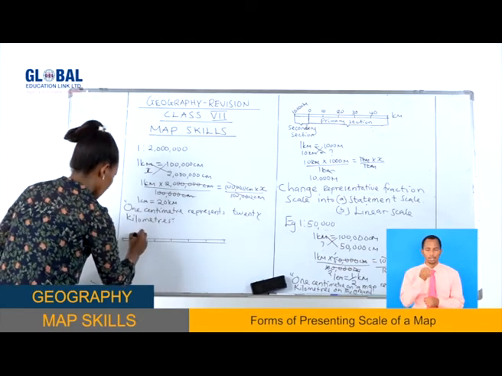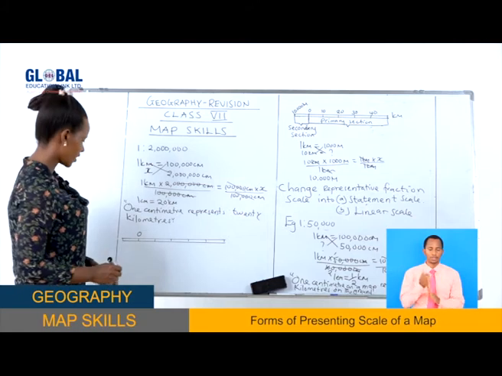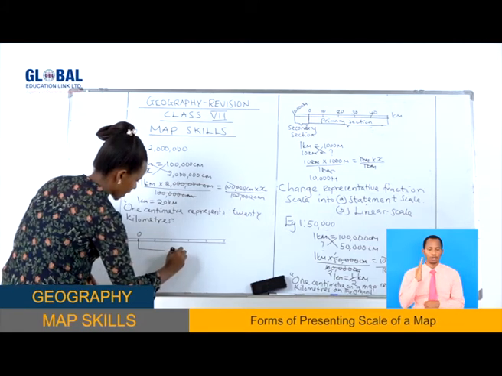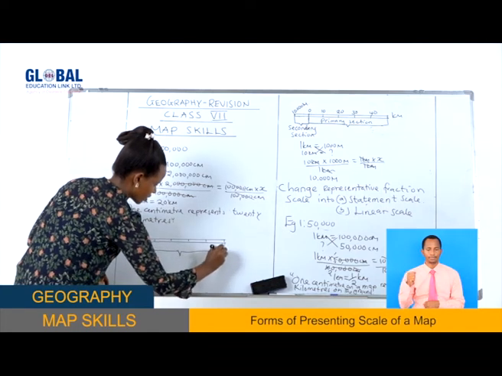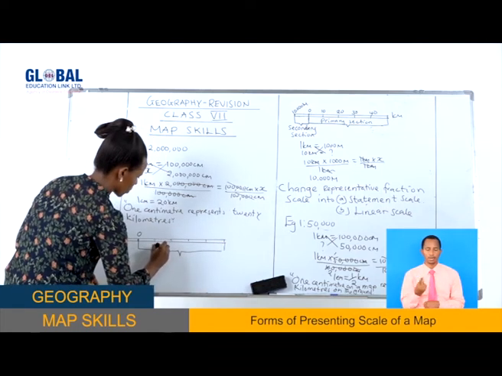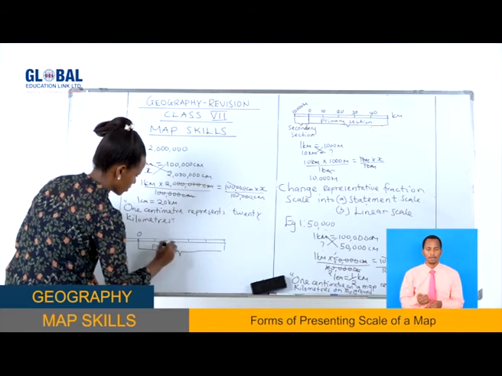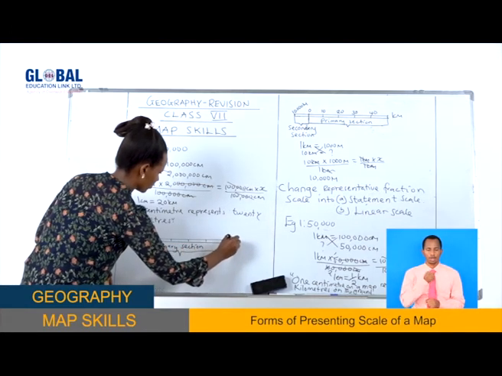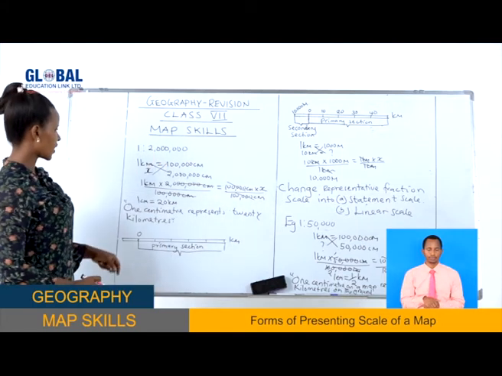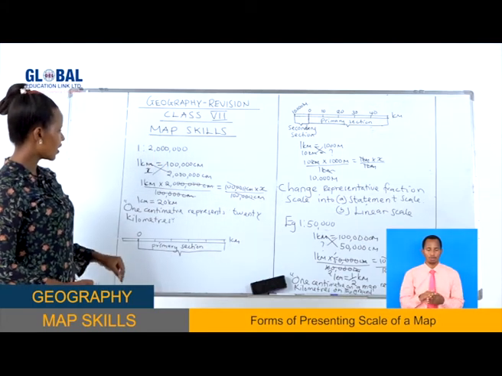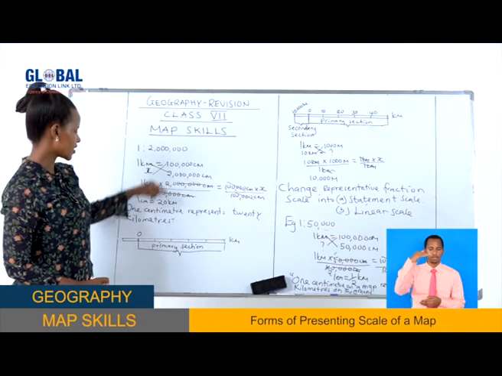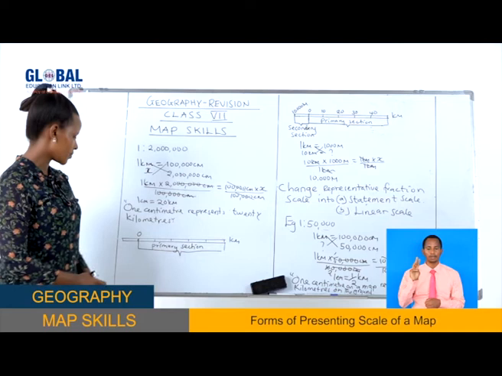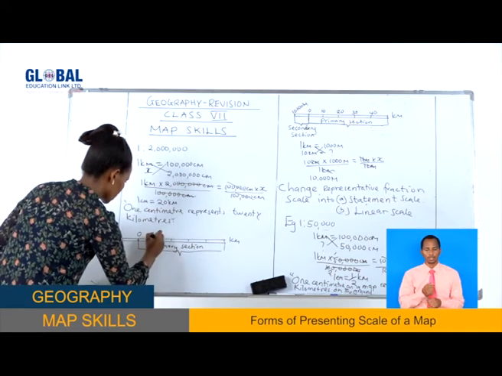So here it starts with the 0 mark, the starting point, then going to the right hand side, it is the primary section, which is represented in kilometers. So from our scale, 1 centimeter represents 20 kilometers as we converted into a statement. It means here should be 20.